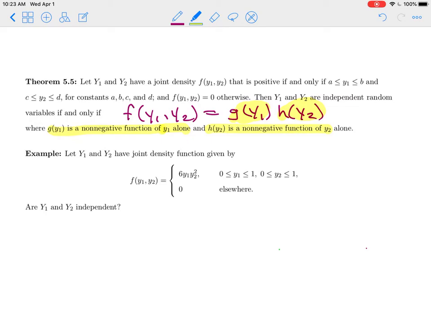So if we can come up with these functions and write f of y1, y2 as a product of those two things, then y1 and y2 end up being independent random variables.